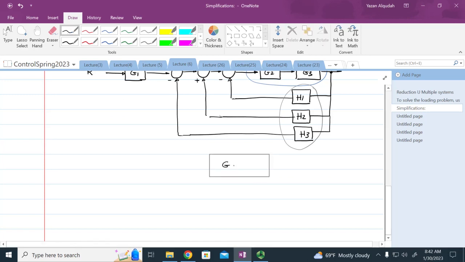So we can combine G2 and G3. And then we're going to have G1. We're going to have an R. And we combine all the feedback loops.